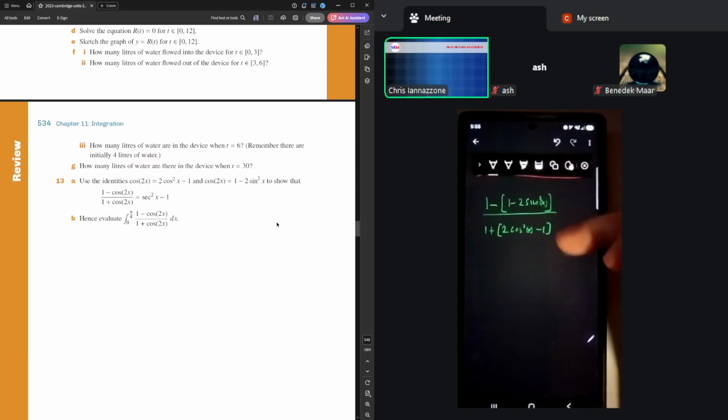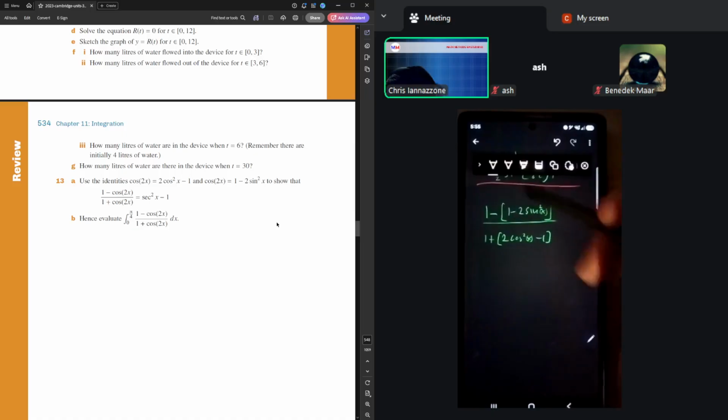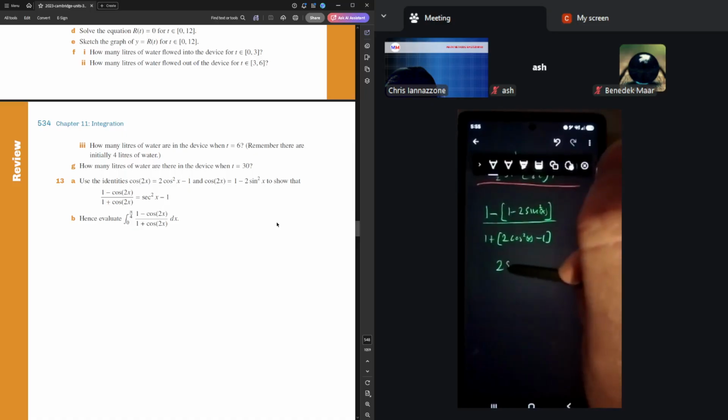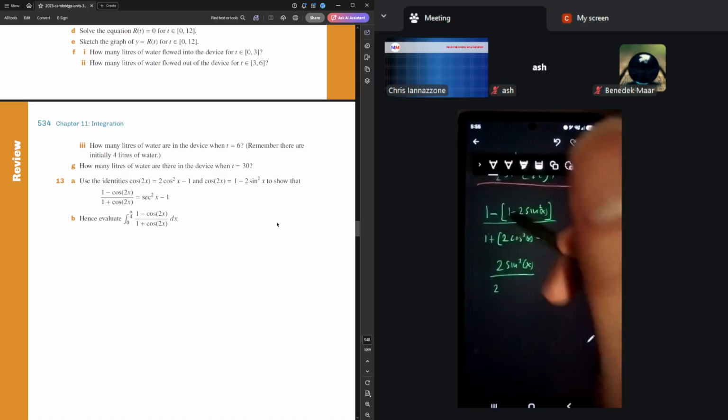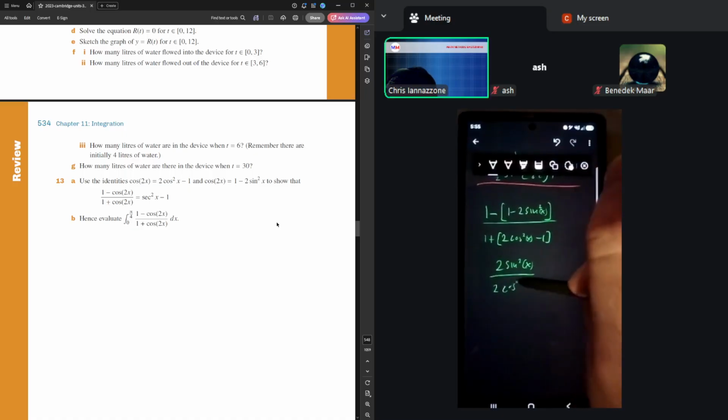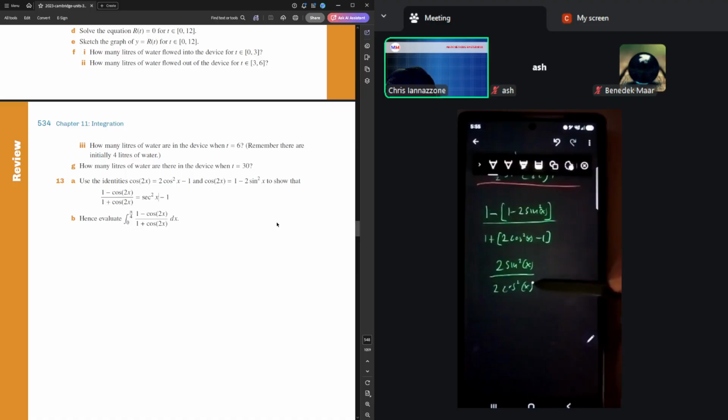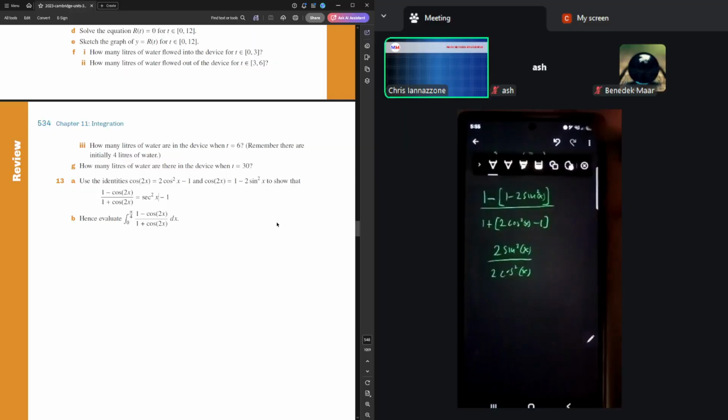From here, yep, some simplification. So 1 minus 1 cancels out. Yeah, I think it's 2 sine squared x for the numerator and 2 cos squared x for the denominator. Yep, cool. Yes, that will be exactly what it is. Obviously the 2's will now cancel down.